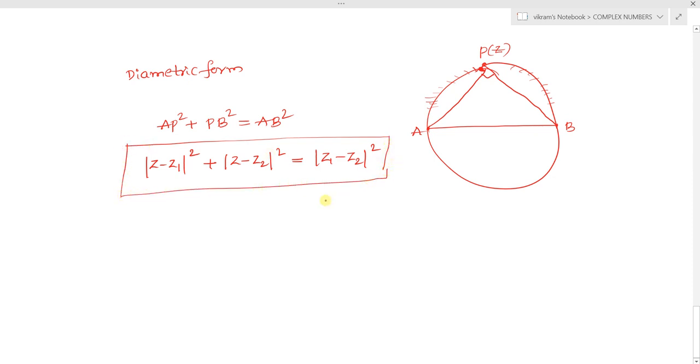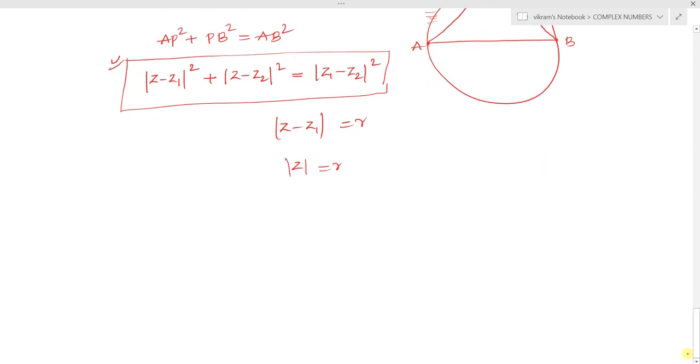We learned the circle equations: mod of z minus z1 equals r having the center as z1, mod z equals r having the center as origin, and another form, the diametric form of a circle: mod of z minus z1 whole squared plus mod of z minus z2 whole squared equals mod of z1 minus z2 whole squared.